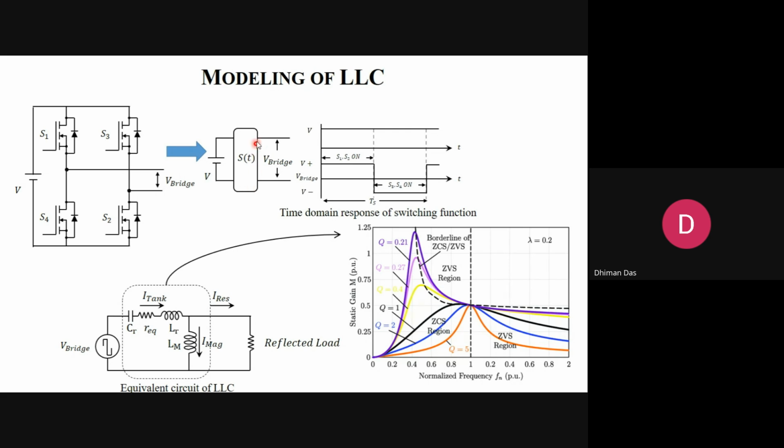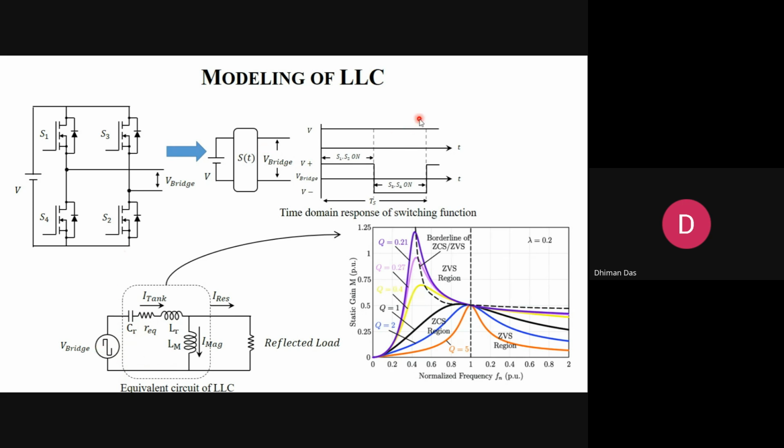Mathematically, when you multiply that switching function with the input voltage, you get a plus V swing, 0, and minus V swing across the bridge. When you pass that pulsating bridge voltage through an LC network and excite it, a resonating current will appear across the network.